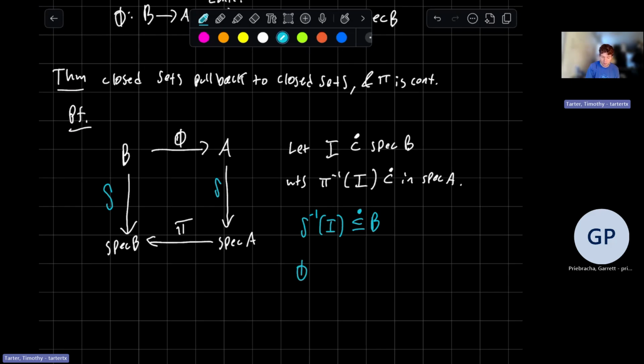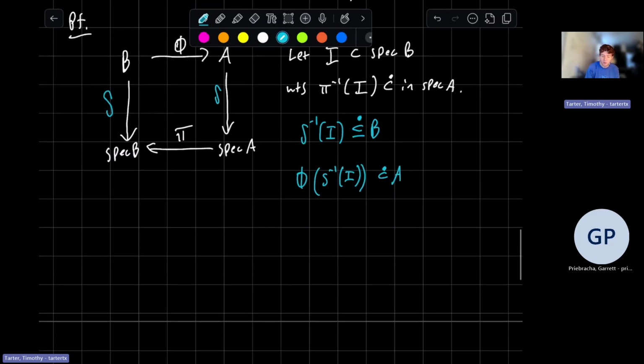But then phi of S inverse of I is closed in A because that's how morphisms work.